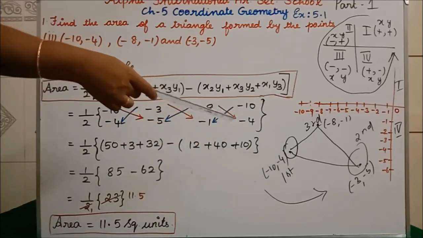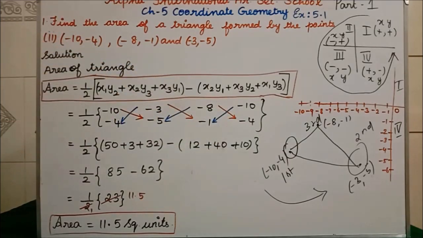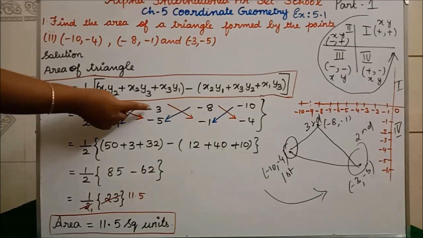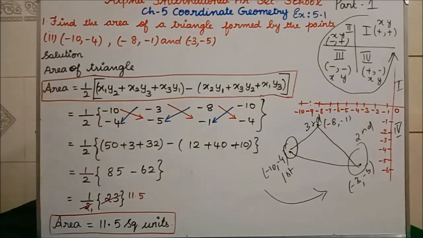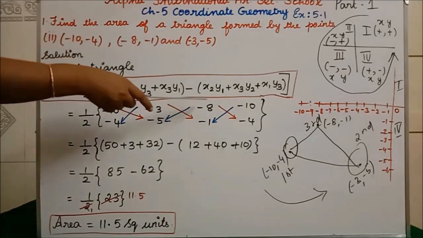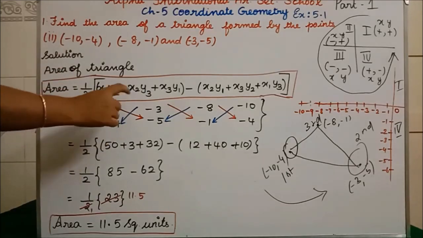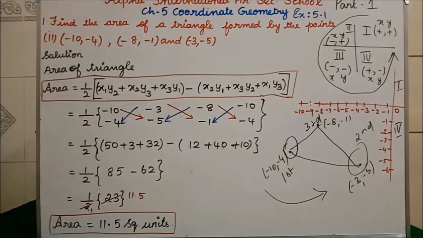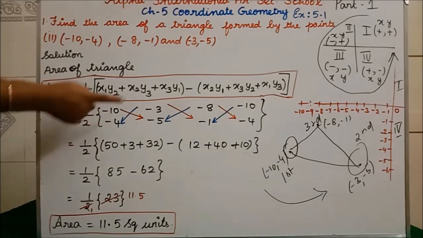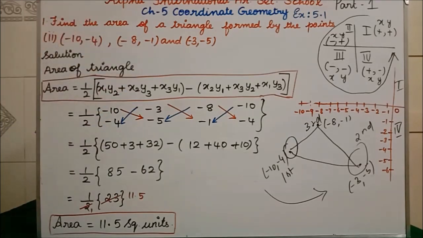Minus 3 comma minus 5. That only we are going to write: minus 3 comma minus 5. The third point is what? This, minus 8 comma minus 1. Whatever point you write first, that same point you are going to write as the fourth point. Clear? Here minus 10 comma minus 4 means there also minus 10 comma minus 4.